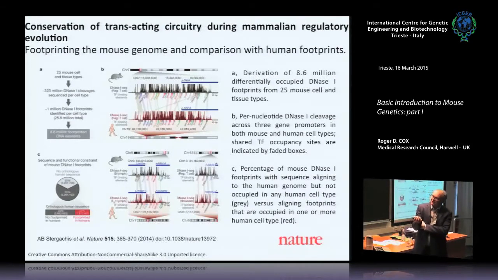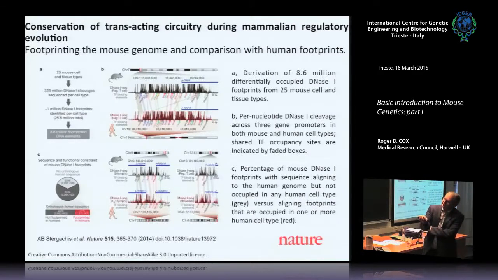In this case, they're just looking at DNase 1 hypersensitivity sites, as they explained. The active chromatin is cuttable by DNase 1. They've sequenced these, identified these sites, and got huge numbers of footprints across the genome that they can then compare with the similar data in humans.